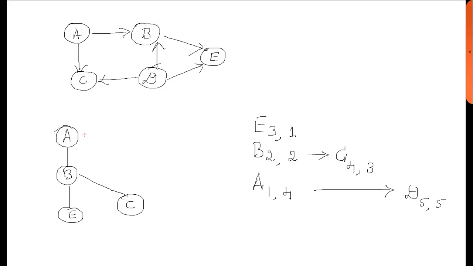And from A, we had D. Now from D to E, there was an edge which can be marked as a back edge, something like this, and D to B also we had an edge like this. So this will be the DFS tree. Traversal of a directed graph using DFS will be helpful in solving the topological ordering problem.